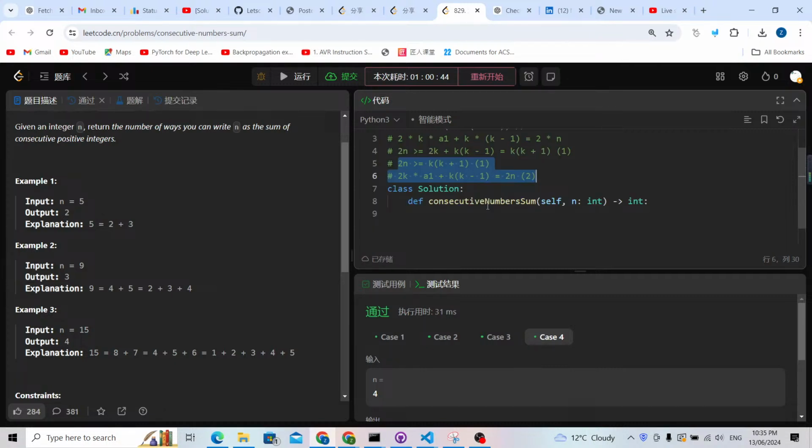Yeah. So from here, we know that k times k plus 1 should equal to 2 times n. Yeah. Basically, this means 2n modular k. Yeah. So this means 2n modular k should be an integer.